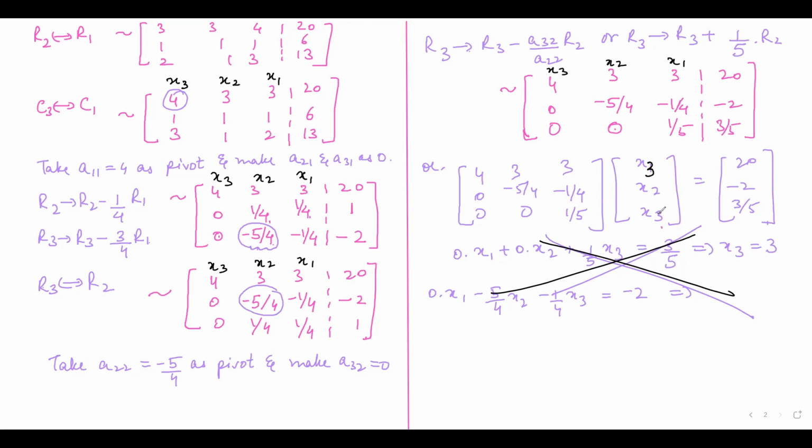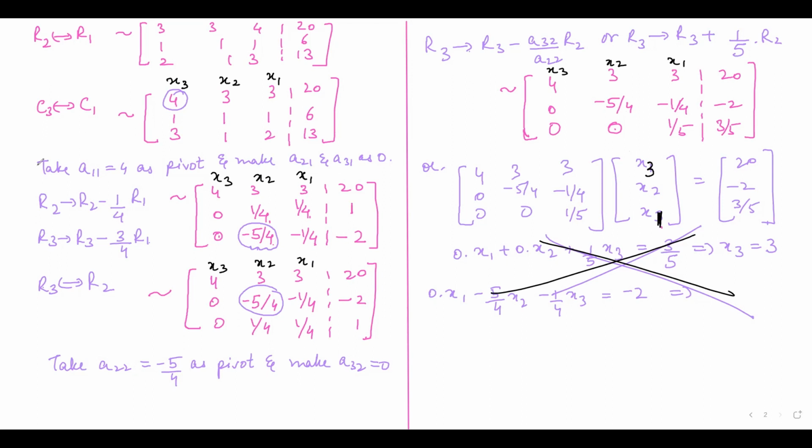This is x2 and this is x1. This is the correct way. So don't do it in the same fashion that we were doing for partial pivoting or the Gauss elimination method, because this is full pivoting and you have to be very, very attentive while performing this final step, the second and final step of backward substitution.